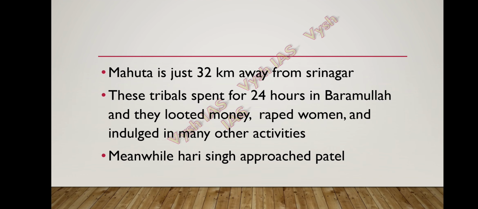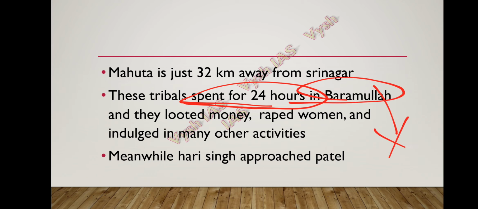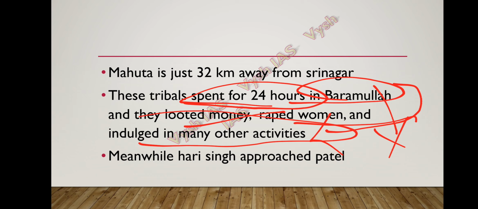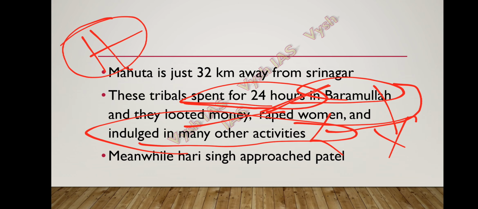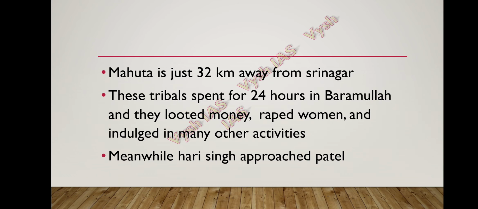But luckily, when they were in the Mahuta area, these tribals spent 24 hours in the Baramulla region, because of which the Baramulla crisis took place. In Baramulla, they looted much money, raped many women, and indulged in many other activities which were not good for the Baramulla people, but it was favorable to Hari Singh, because they spent 24 hours in Baramulla.